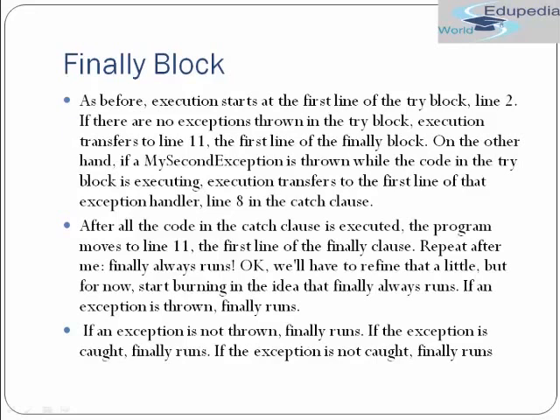If there are no exceptions thrown in the try block, execution transfers to line 11, the first line of the finally block. On the other hand, if my second exception is thrown while the code in the try block is executing, the execution transfers to the first line of that exception handler, line 8 in the catch clause. After all the code in the catch clause is executed, the program moves to line 11, which is the first line of the finally clause.